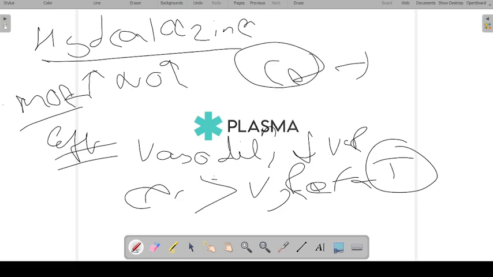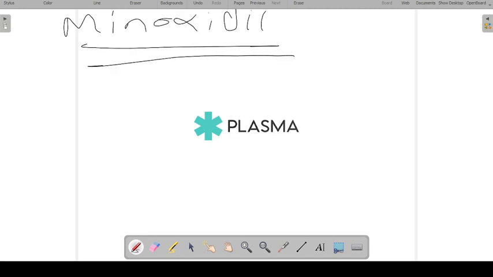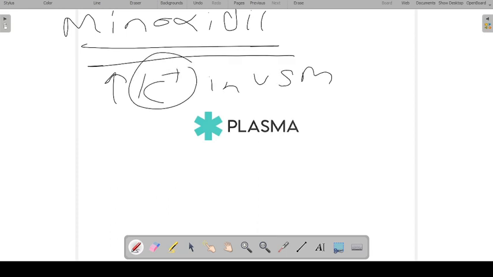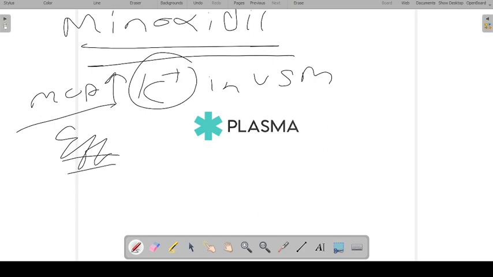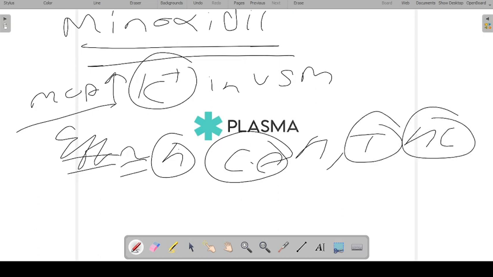Clinical application: hypertension. Next, we'll discuss minoxidil. It is a metabolite that opens K plus channels in vascular smooth muscle, and its effects are the same as hydralazine. Clinical application: hypertension, and it's used to treat hair loss also.